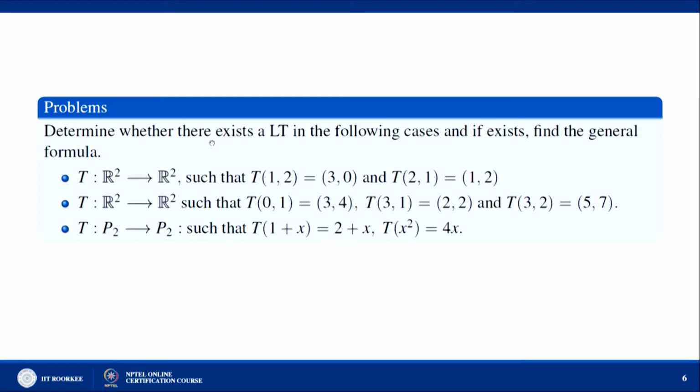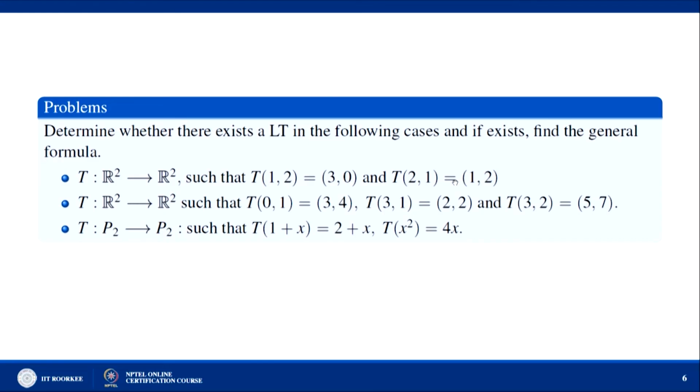Okay. Now, the next is: determine whether there exists a linear transformation in the following cases, and if it exists, find the general formula. So, let us start with the first problem. If we have T from R2 to R2 defined by this expression, then can we find a linear transformation such that these properties hold?